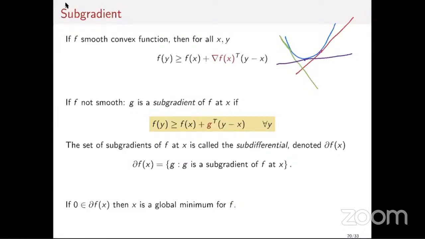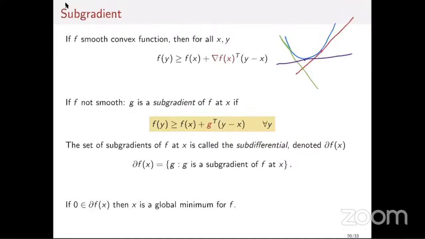This is exactly like the Taylor approximation at the top here, the only difference is g instead of the gradient of f at x.